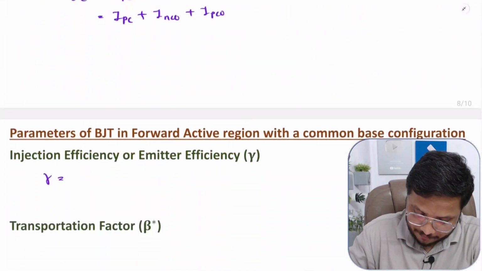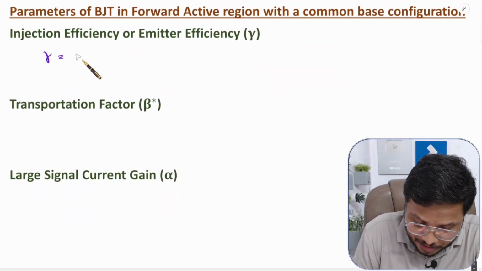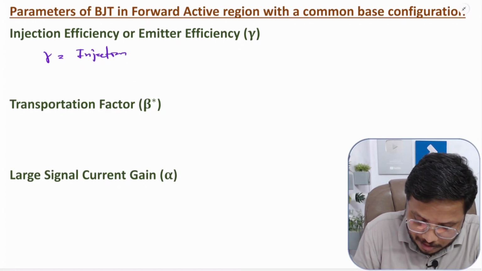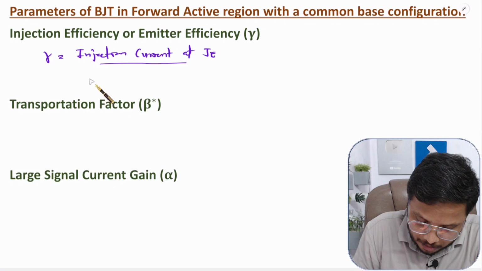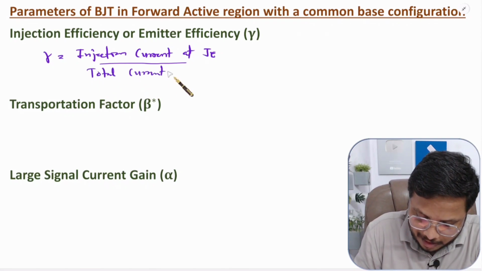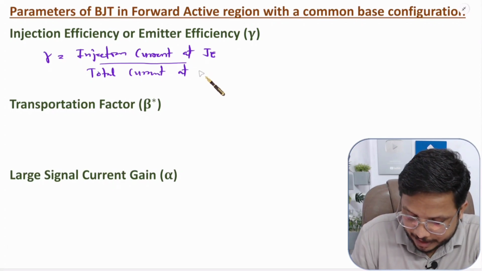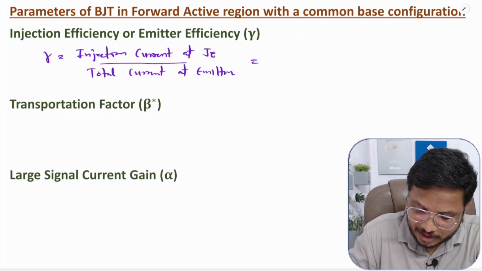So the definition is: injection efficiency is the injection current at junction E divided by the total current at the emitter.